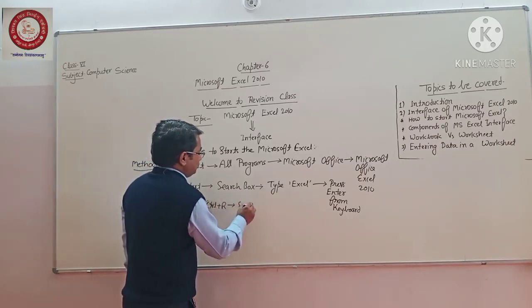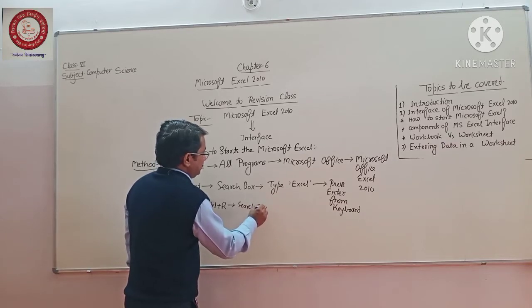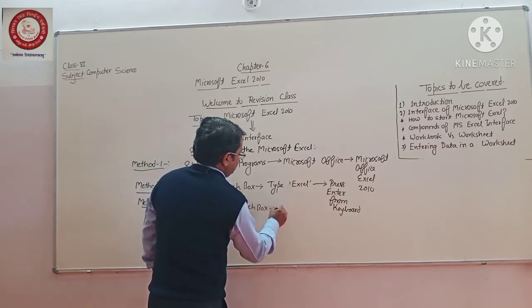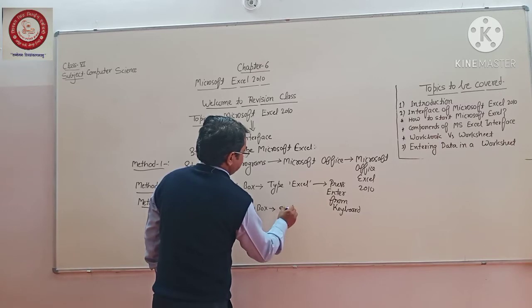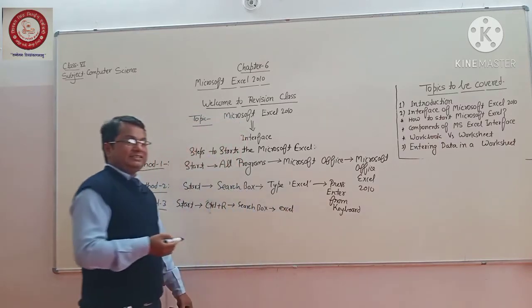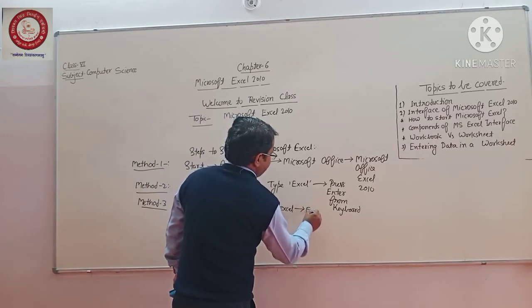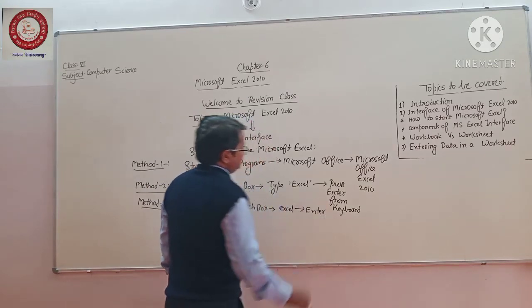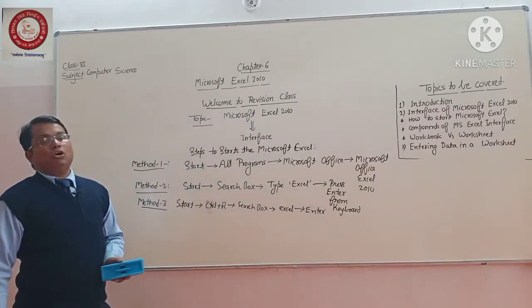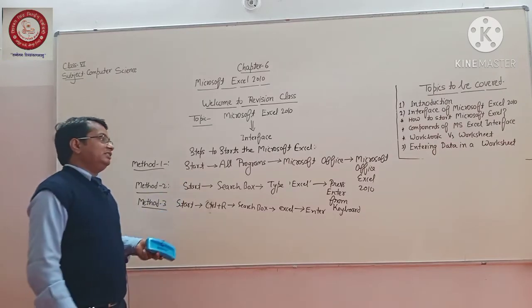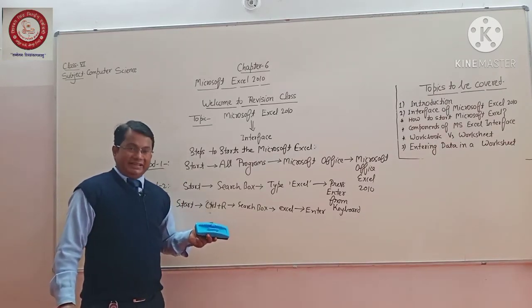After pressing that shortcut key, you have a search box, then write down Excel, and once you write Excel, press the Enter button from the keyboard. So these are all the methods for starting your Microsoft Excel.